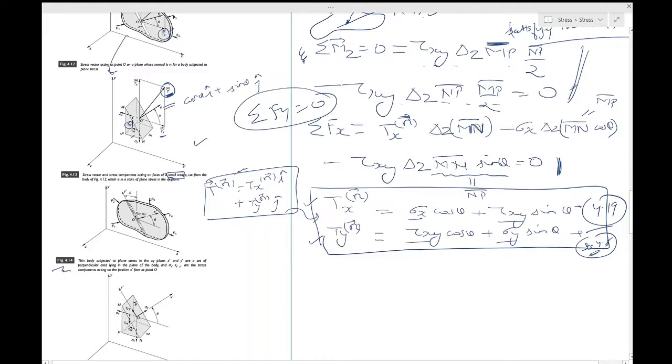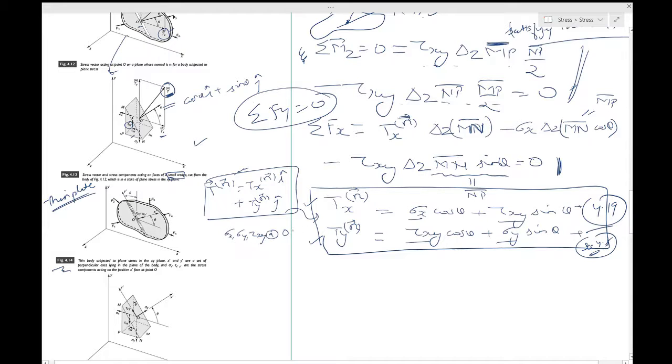Look at the point O again, and clearly it's a thin plate. Okay, because we want the plane stress to be valid, so you see it's a thin plate, you have the external forces. Now the question remains the same. You have the sigma x, sigma y, tau xy at the point O.